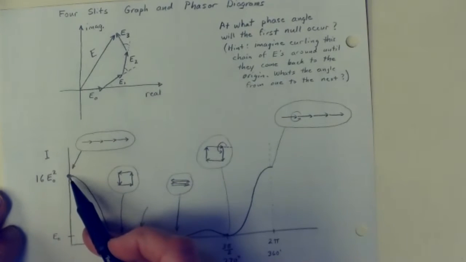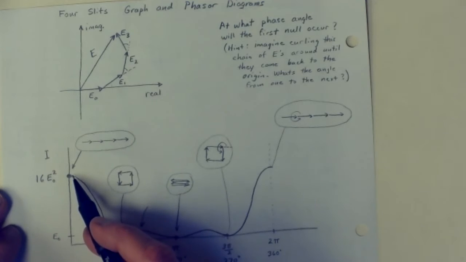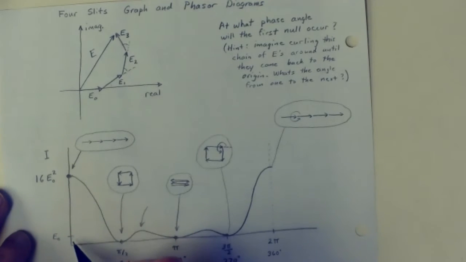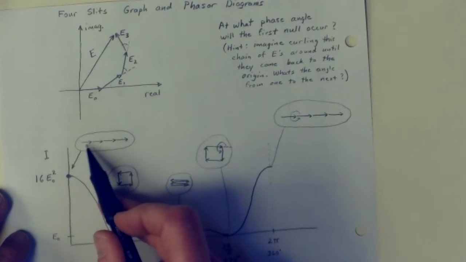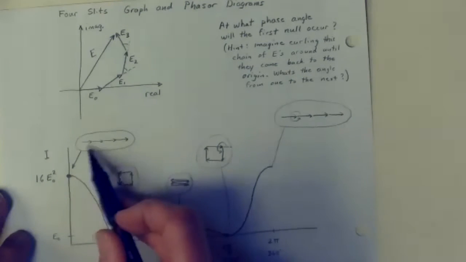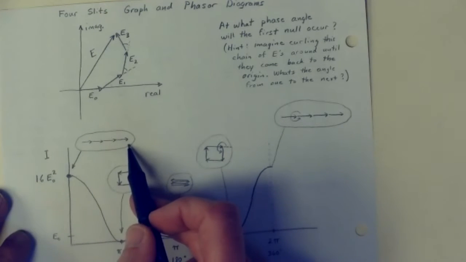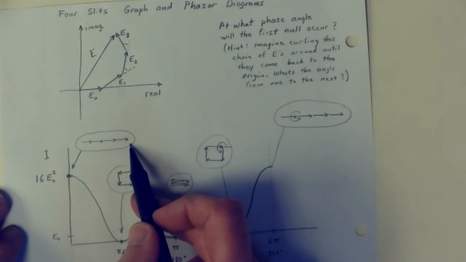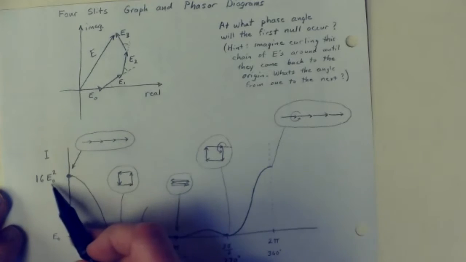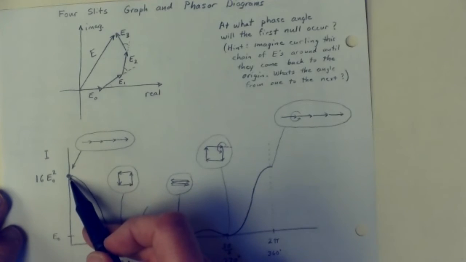First of all, begin with the point that's straight through. This is at a 0 angle, where the phase angle is 0. This is just looking straight ahead, and then everything's in phase. And so your phasor diagram is just going to be 4 of these arrows stuck in a row. And you square that and you get 16 E0 squared. So that's the 16 value you would get right here.